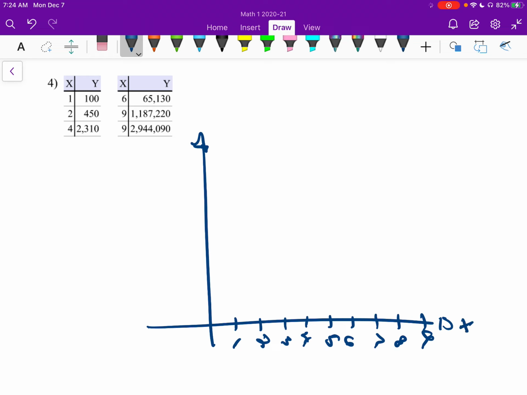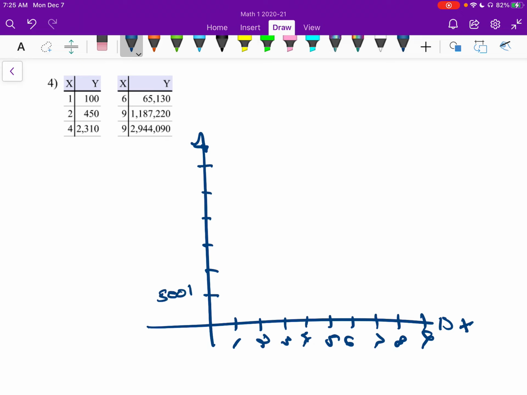Now for my y's. So y goes from 100 to almost 3 million. Maybe we could count by 500,000. So I'd have 6 intervals. So 1, 2, 3, 4, 5, 6.